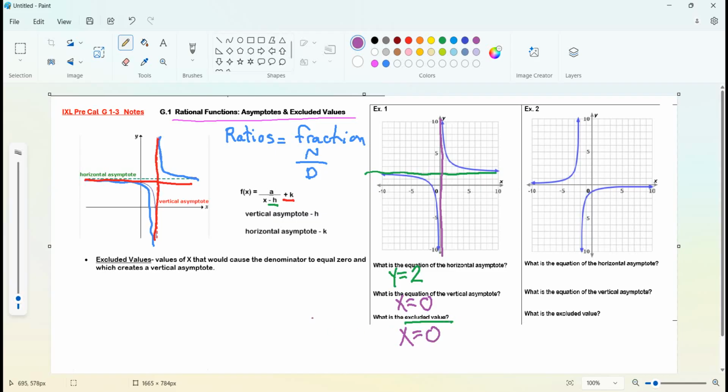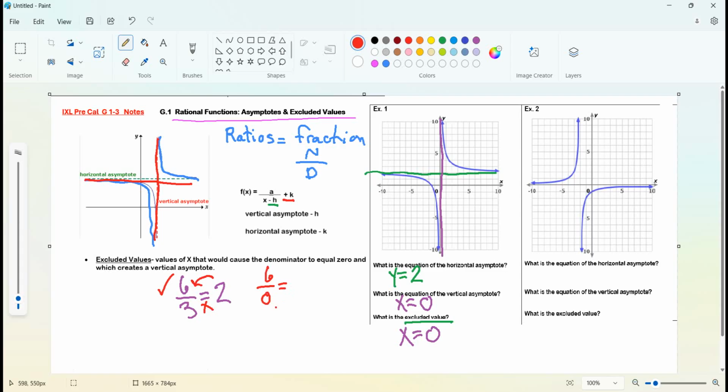And to explain that a little bit better, when we have a simple fraction, such as 6 divided by 3, break it down really simple, we know that that equals 2. And that works mathematically because the inverse is also true. We can then say 3 times 2 equals 6. That works perfectly. But you can have an excluded value.